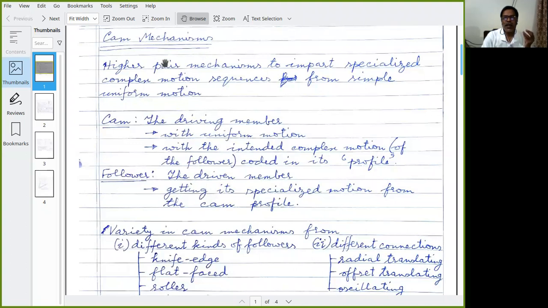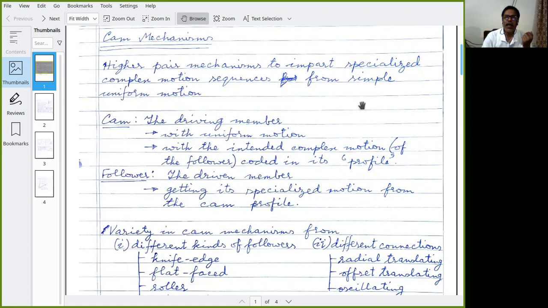Now, CAM mechanisms are essentially higher pair mechanisms, that is, line contact or point contact, typically line contact, to impart specialized complex motion from simple uniform motion, in which the driver moves in a simple motion and the driven component moves through a very specialized kind of motion.